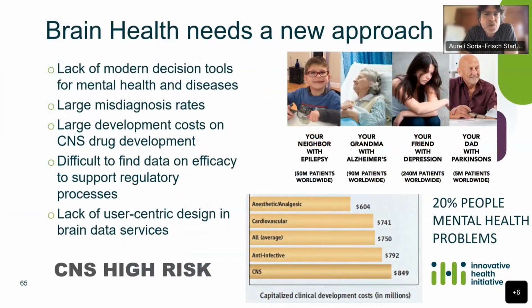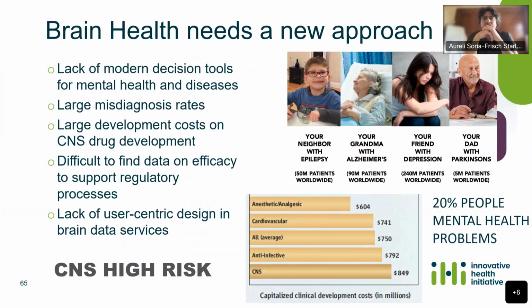As you may know, brain health needs a new approach. Brain health in general is characterized by a lack of modern decision tools, both for mental health and neurological diseases.